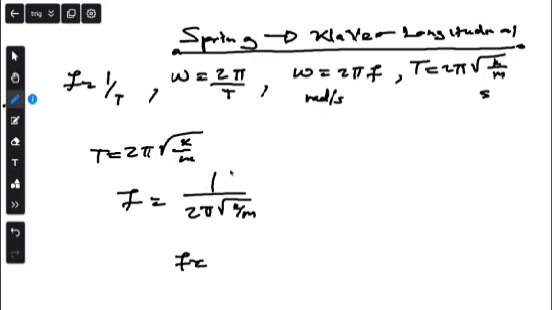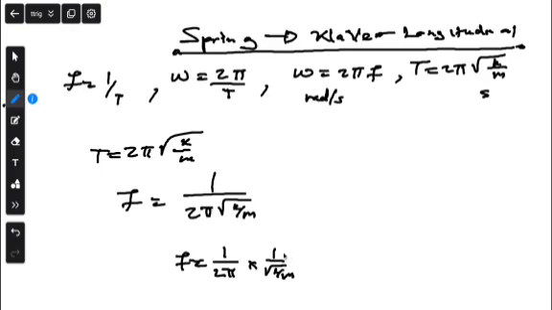And this one is the period. So I can say we have 1 over 2 pi. We also have 1 over the root of m divided by k. So these, they are multiplying each other.